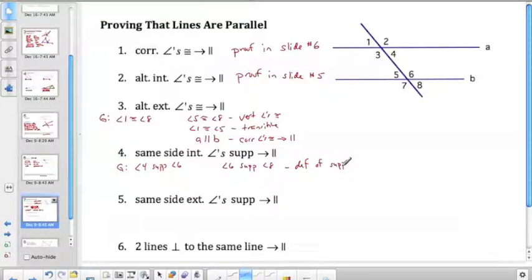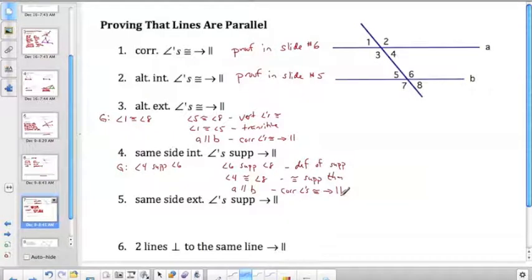So if 4 is supplementary to 6 and 8 is supplementary to 6, then that means that angle 4 and angle 8 must be congruent. And that is the congruent supplement theorem. Well, notice that angle 4 and angle 8 are corresponding angles. And when corresponding angles are congruent, lines are parallel. So again, we used number 1 to prove this.